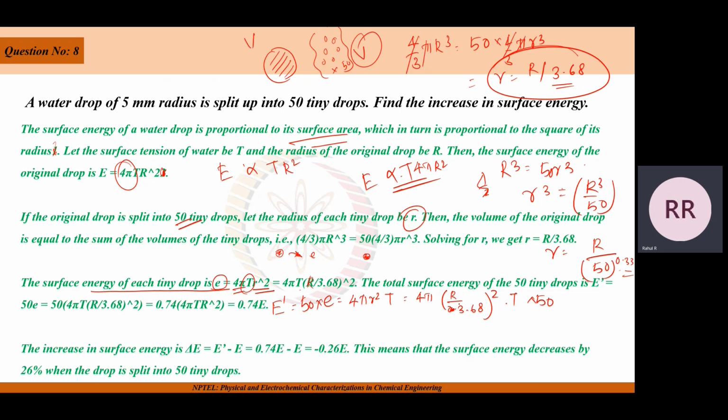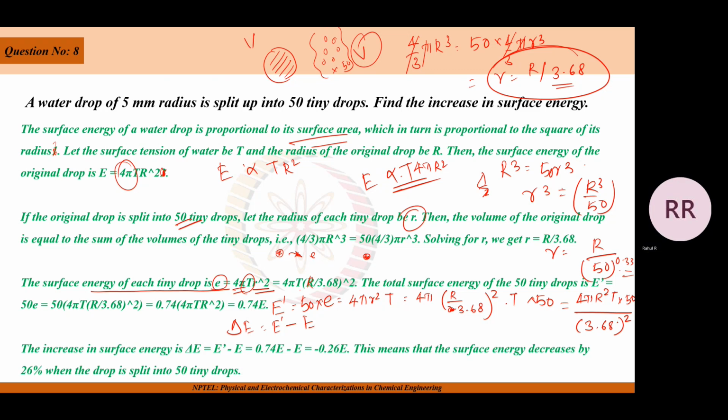I hope you understood this. Now we can calculate delta E, which is E prime, the new state of the 50 drops, minus the initial energy. So this is nothing but 4 pi R square T into 50 divided by 3.68 the whole square.